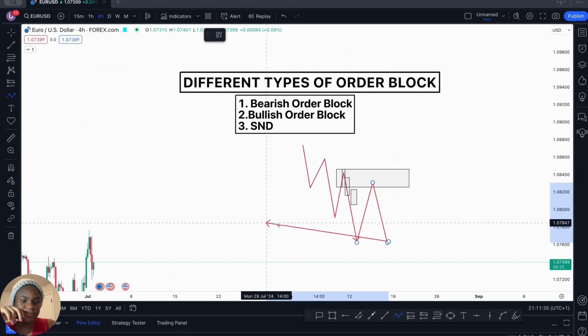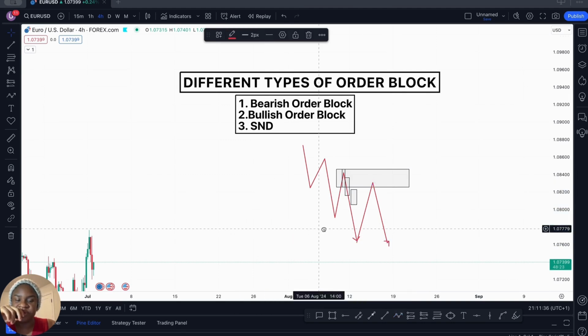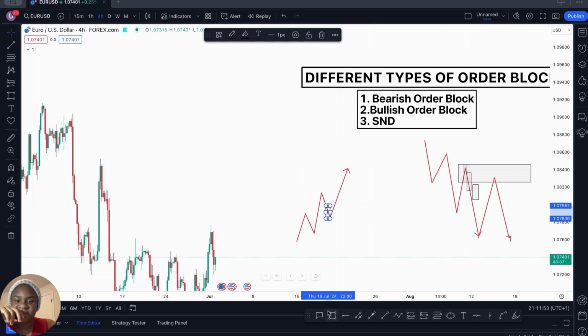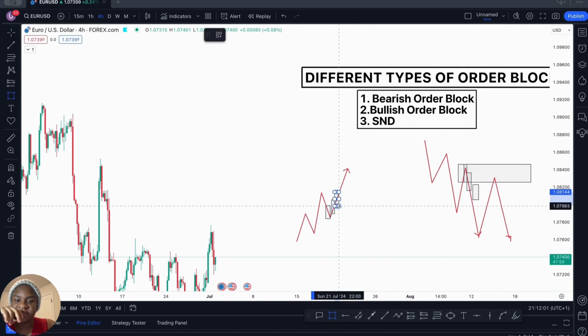Now for a bullish momentum, we all know that market does higher high, higher low, higher high, higher low, higher high. Now we always see a last bearish candle here that signals that market is selling before an impulse move comes in here, sometimes like in an engulfing candle mode, and it continues like this again.